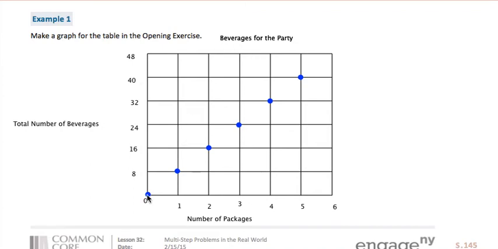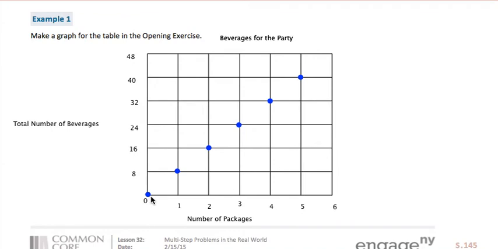So we take each of our variables. The independent, remember, is our x-axis, and the dependent variable is the y-axis. So when there are 0 packages, there are 0 beverages. We put a point on 0, 0. And when there is 1 package, there are 8 beverages. 2 packages are 16. 3 are 24, and so on.